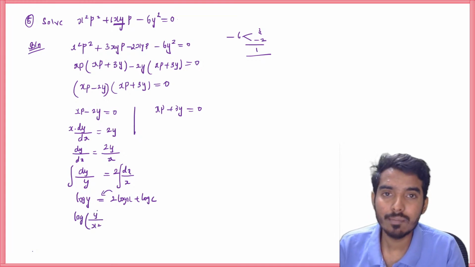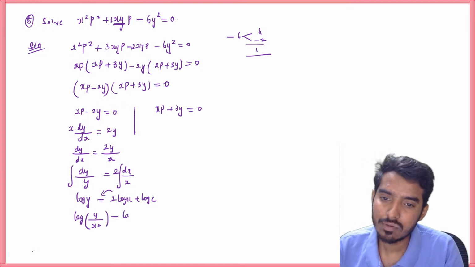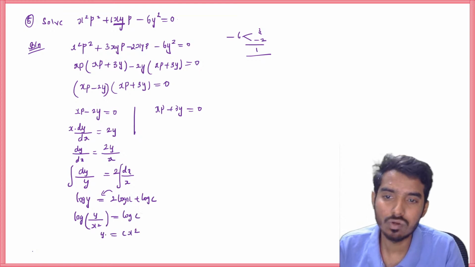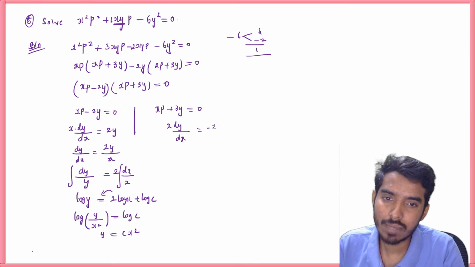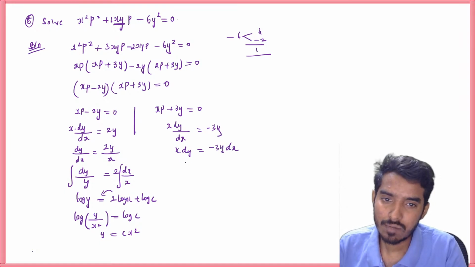So log a minus log b is log a by b, and take this 2 to the power, is equal to log c. So y is equal to the square is a solution for this. And here we have x dy by dx equal to minus 3y. We have dy by y is equal to minus 3 dx by x.